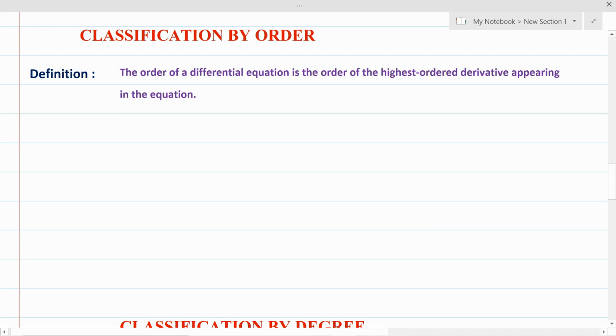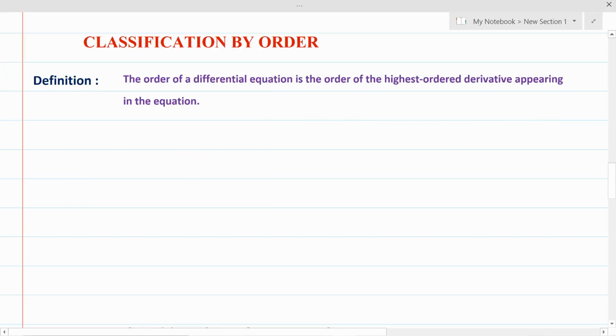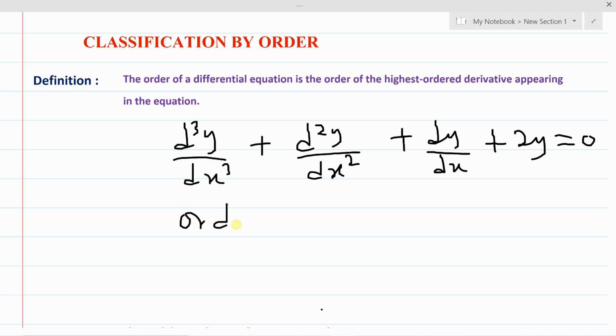So if I have a differential equation like d³y/dx³ plus d²y/dx² plus dy/dx plus 2y equals 0, here you check what is the highest derivative. It is the third derivative, right? So the order of this differential equation is 3.